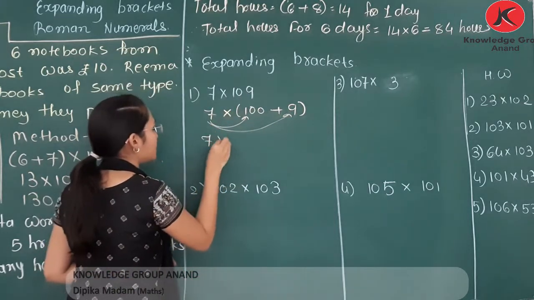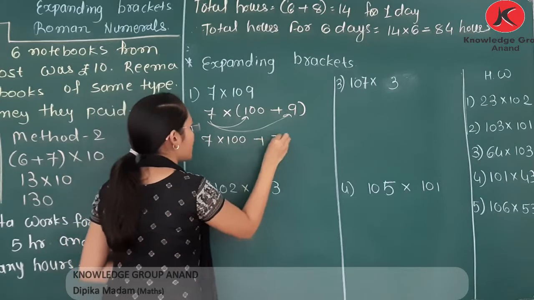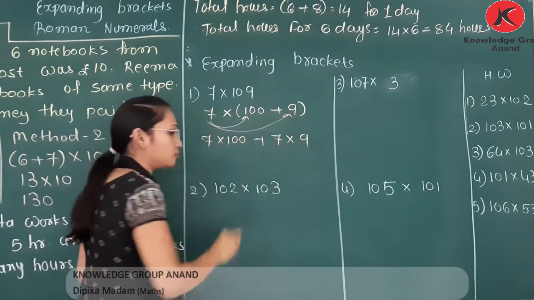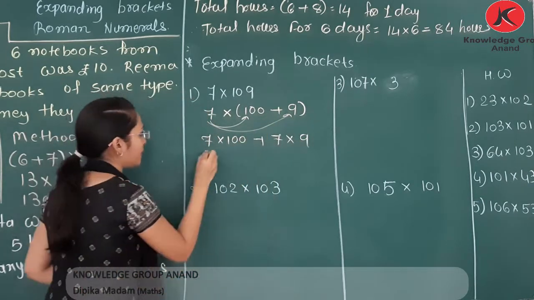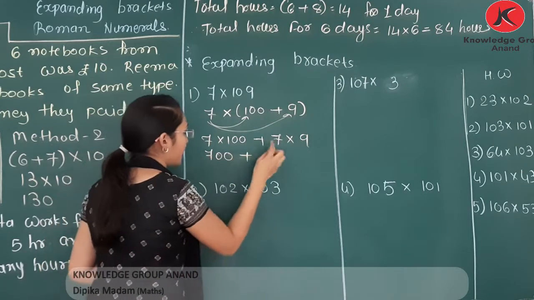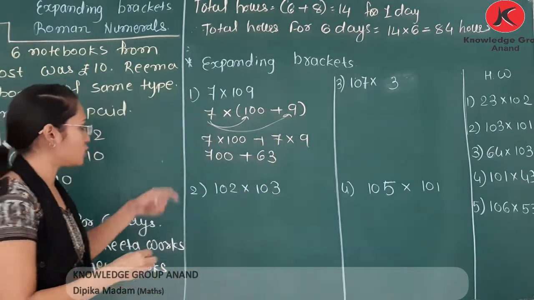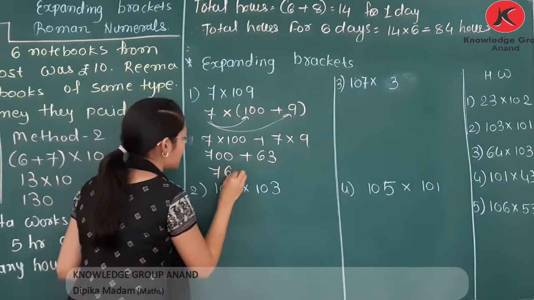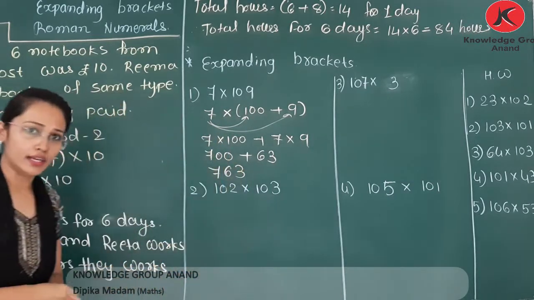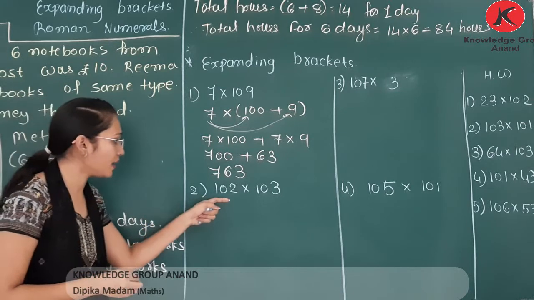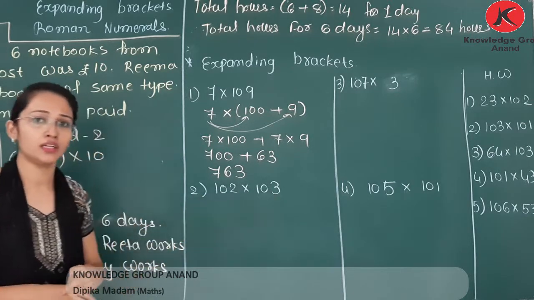So 7 multiplied with 100 plus 7 multiplied with 9. 7 multiplied 100 is 700. 7 9s are 63. Okay, addition of numbers, 763. Clear? Next example, 102 multiply 103.